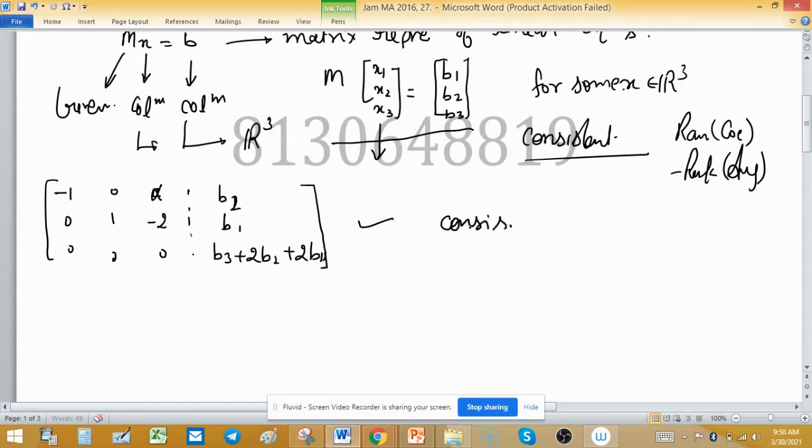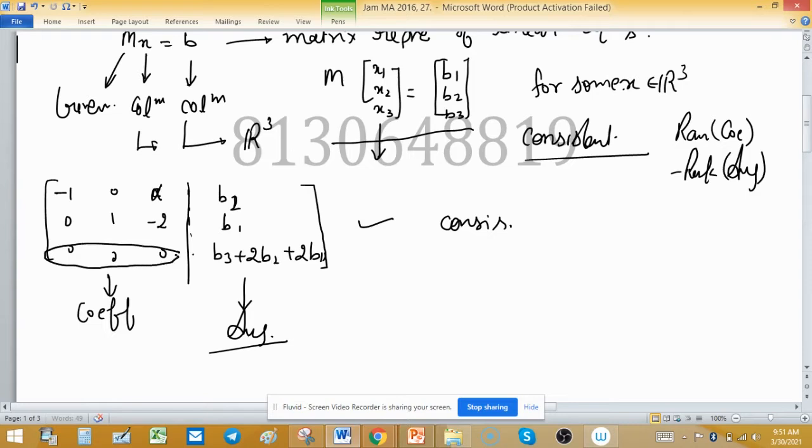And this is a consistent system. So this is the coefficient matrix, left of this vertical line, and if we add this one also, then this is the augmented matrix. So rank of this one will equal rank of this one when there is a 0 row in the coefficient matrix. If this entry becomes 0, then rank of coefficient matrix and augmented matrix will be 2.